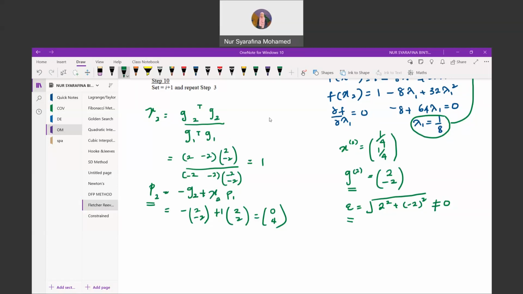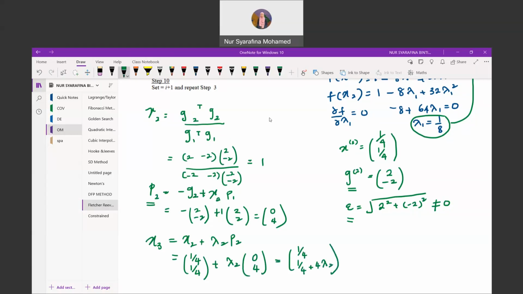So from here, you can find your x3, which is x2 plus lambda 2 P2. Again, same process. So you have to find your x3 here, where x2 is (1/4, 1/4), lambda 2 is still unknown, and P2 is (0, 4), which gives you (1/4 plus 0, 1/4 plus 4 lambda 2).